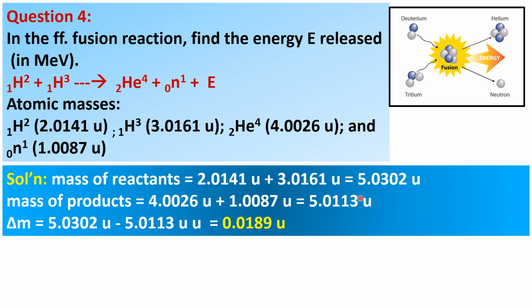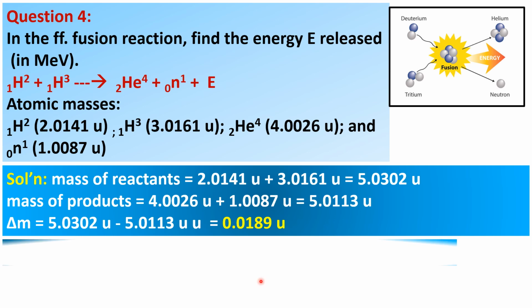Notice that there is a difference between the combined mass of the initial nuclides and the combined mass of the final nuclides, a difference amounting to 0.0189 atomic mass units.